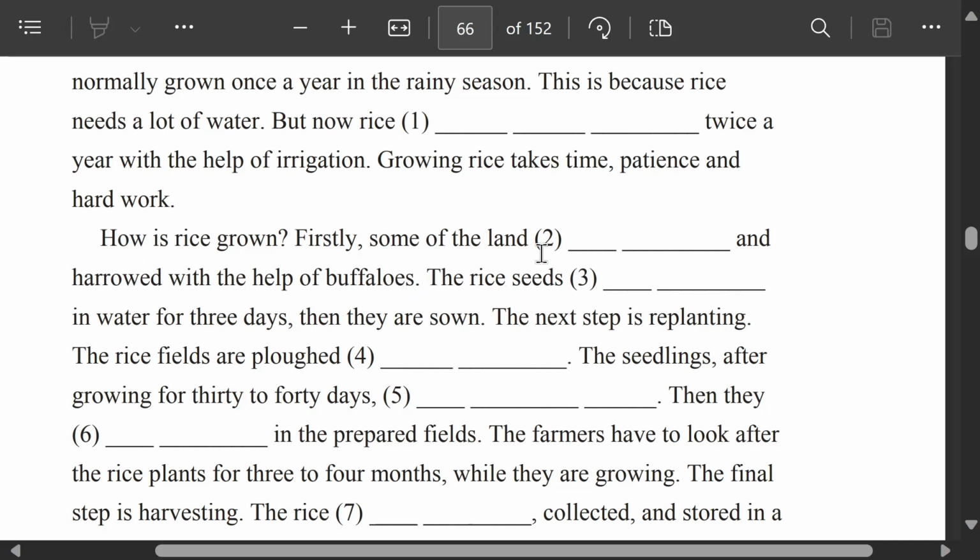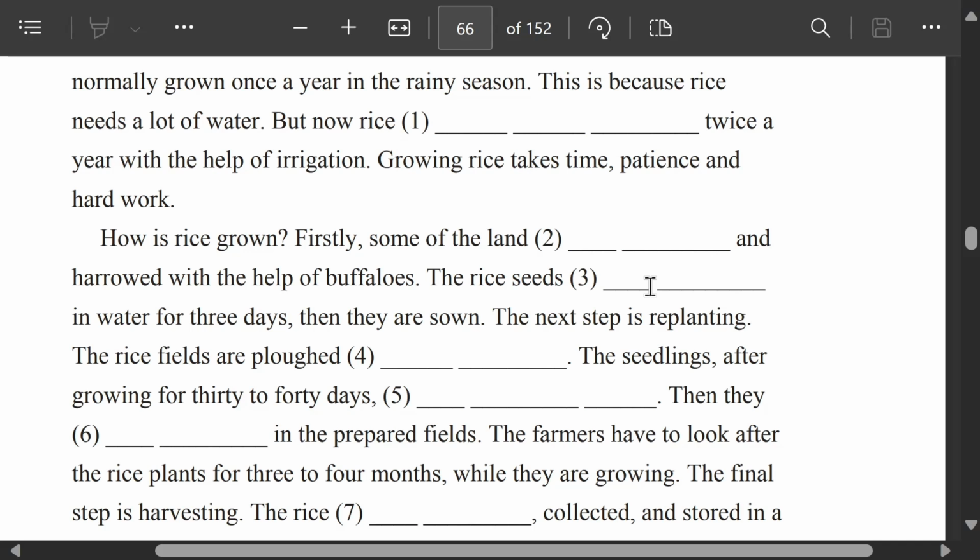Okay. The rice seeds, again, you see this is the subject, so we need passive voice here. The rice seeds are soaked in water for 3 days. You know, soaked. What is to soak?